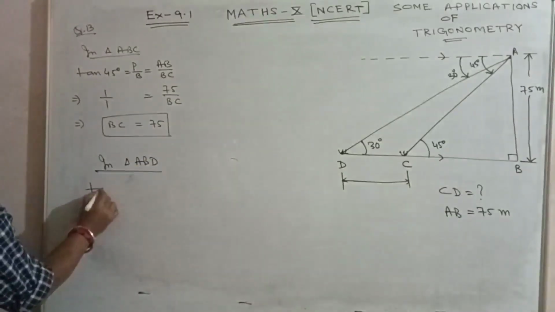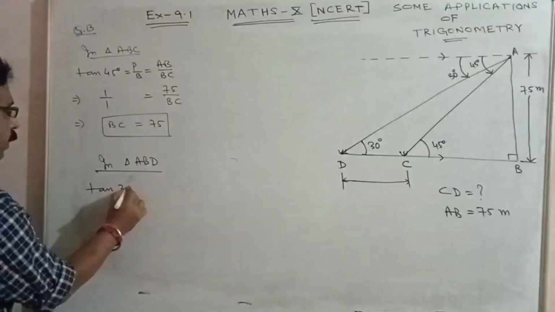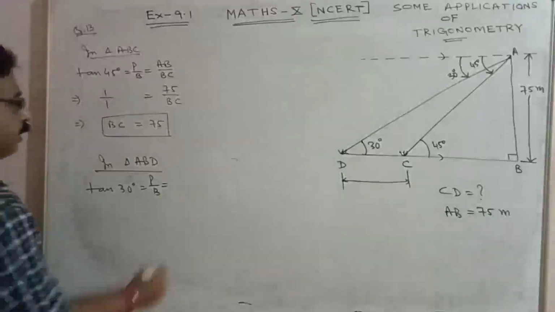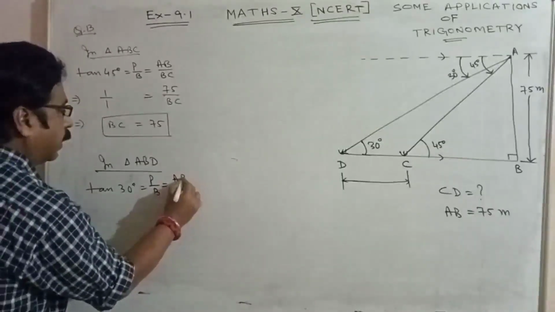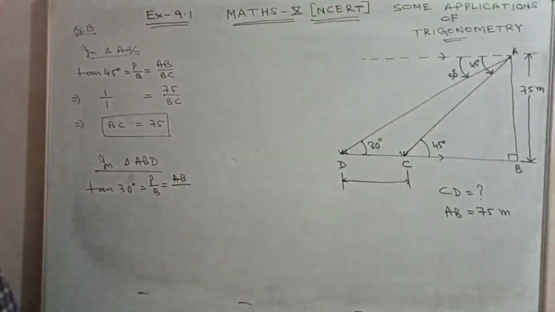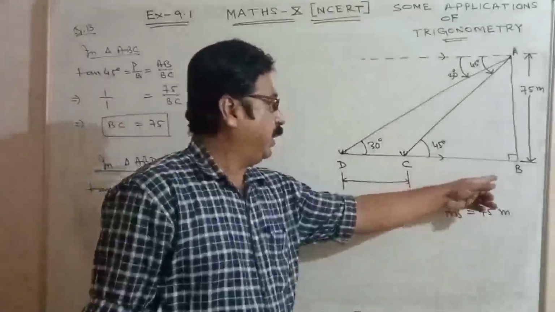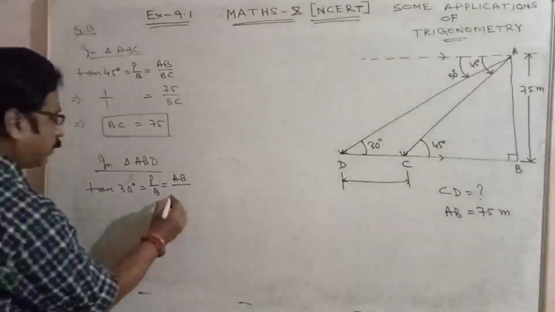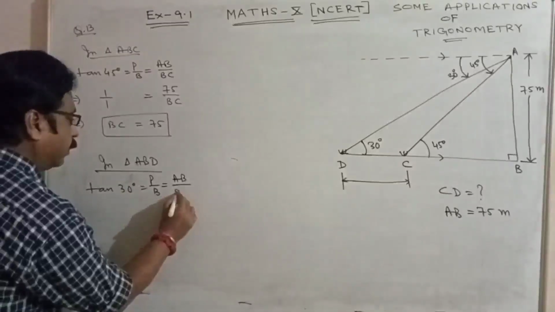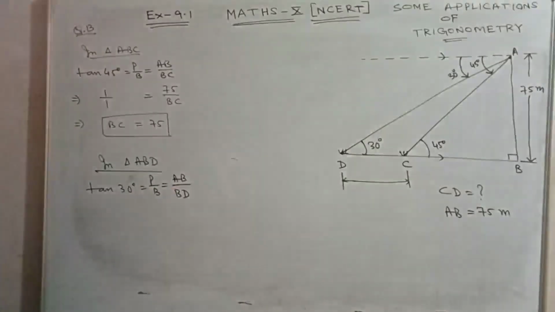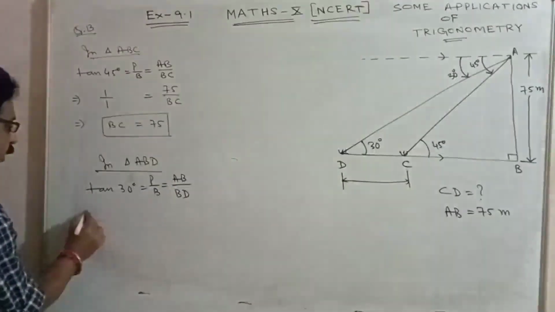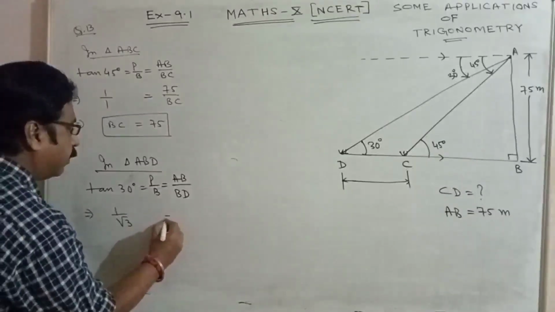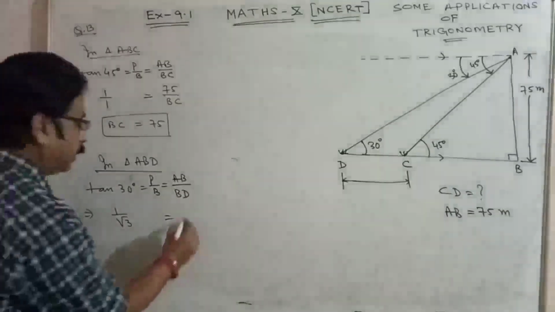Tan 30 degree is perpendicular upon base. Perpendicular is AB. Base is BD. Tan 30 degree means 1 upon root 3 equals to AB is known 75 upon BD.